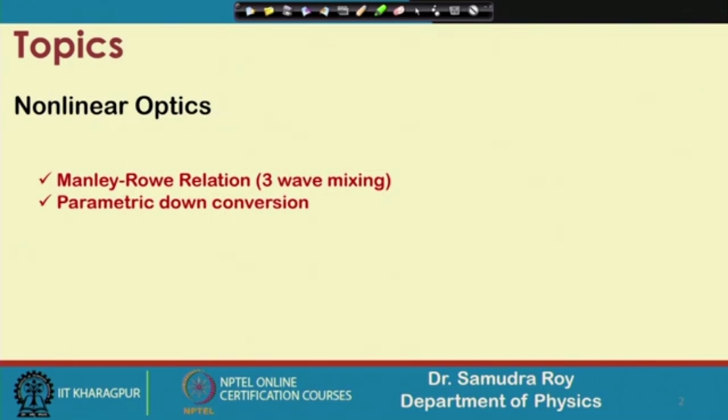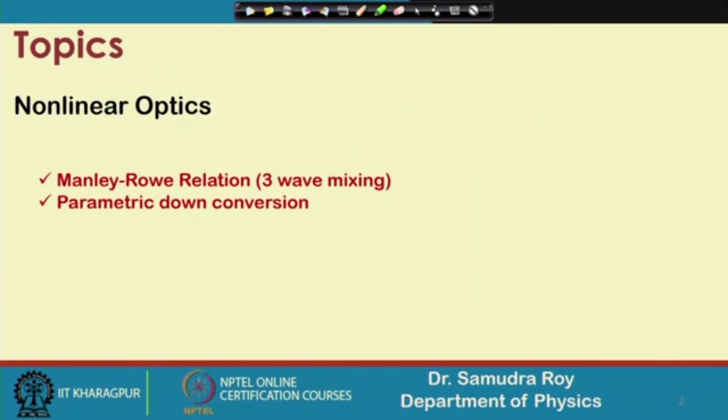Then we start a concept called parametric down conversion. What is parametric down conversion we will try to find out. The name suggests that there is some sort of down conversion in frequency.